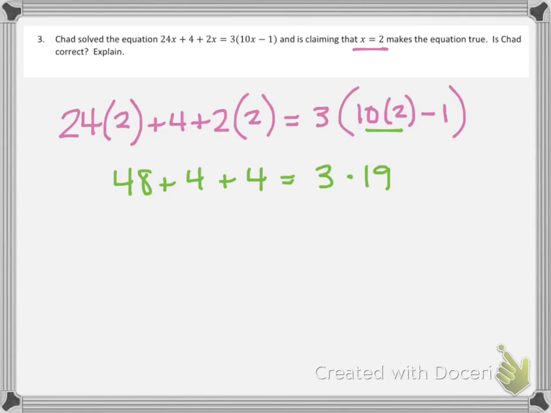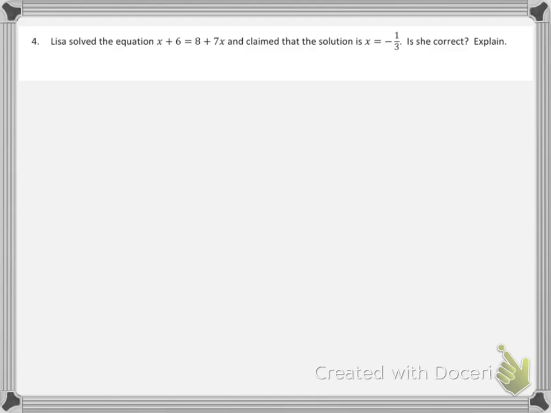Okay, and then further simplifying, 48 plus this 8 is 56, and then 3 times 19 would be 57. So since they do not equal, 2 is not a solution for this equation. So x equals 2 is not a solution because these don't check. They're no good.